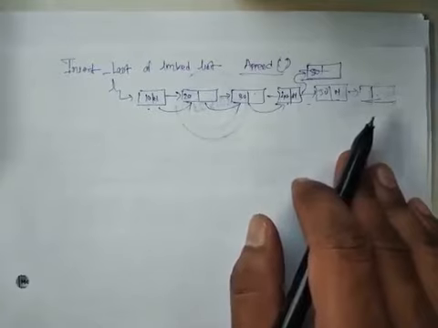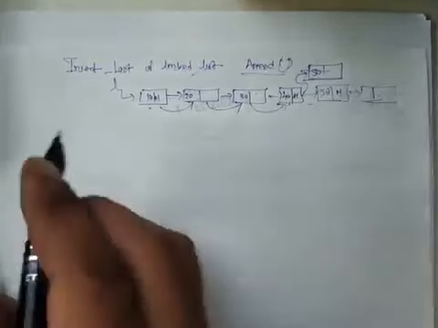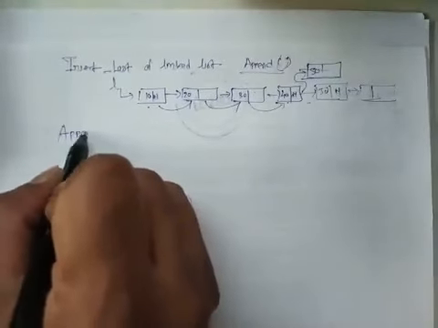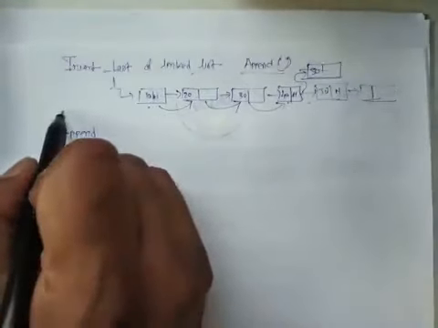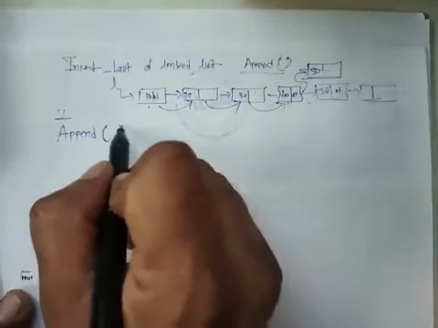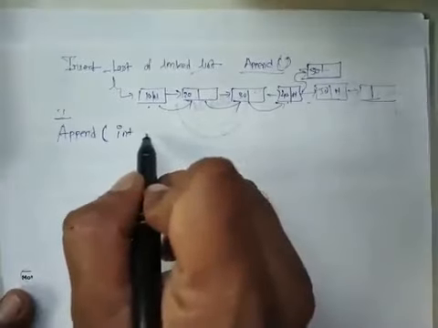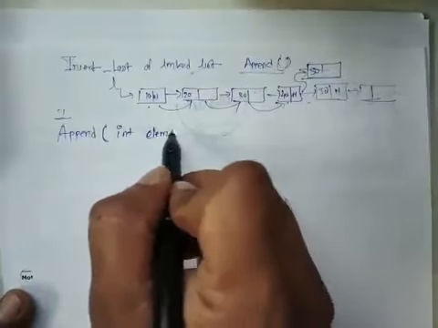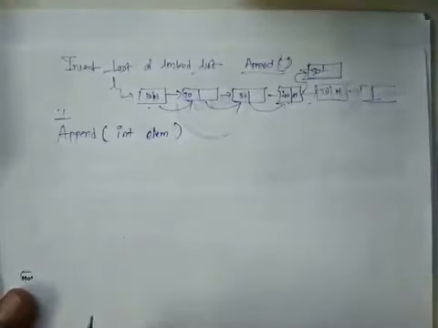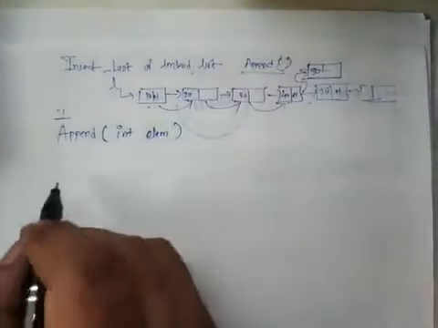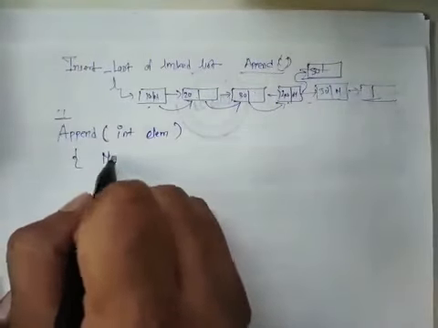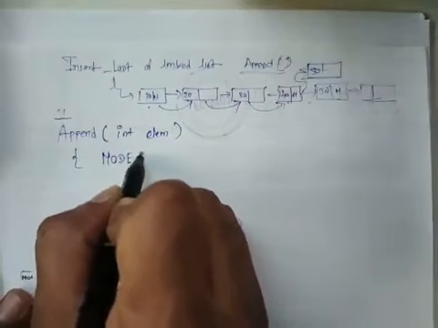So let's see how this function works and its implementation. I'm going to name it append, or you may use a name like insert last, and it will take a parameter, an integer element, which holds the data value we are going to insert. Then, as usual, I declare one more variable, a node type variable, that is new.